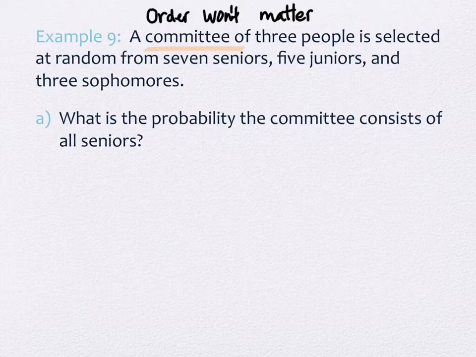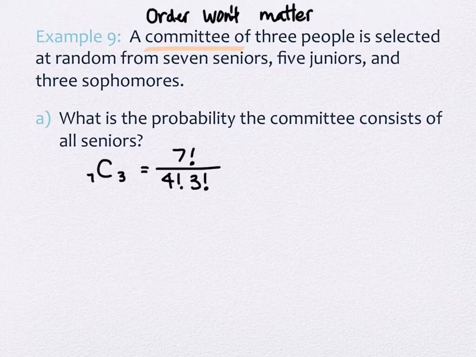So how many seniors do I have? 7. The order doesn't matter, so it's a combination. And how many am I selecting? How many is on my committee? 3. I only want to pick 3 of them, and I want them to be all seniors. So this is 7 factorial on top. I think we can probably do the subtraction in our head. 7 minus 3 would be 4 factorial on bottom with a 3 factorial because I'm doing combinations.